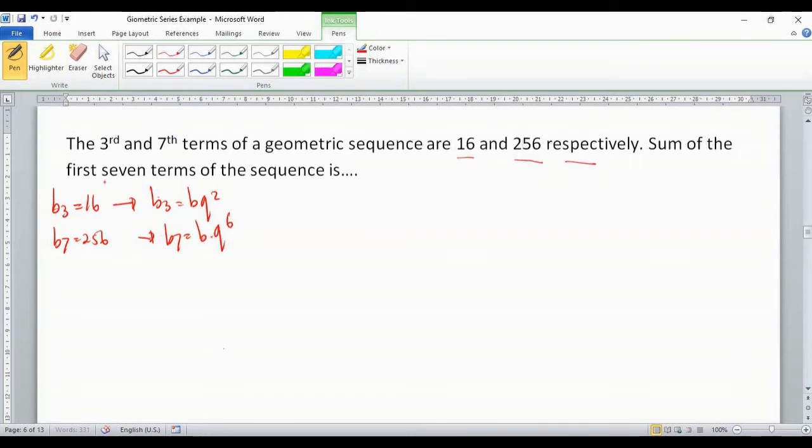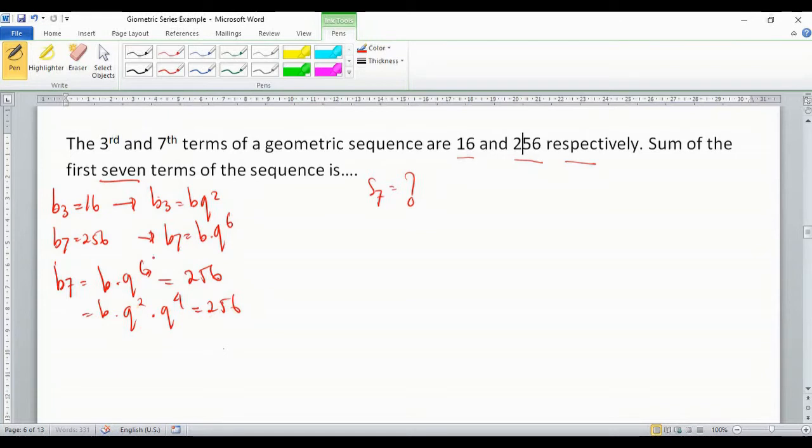Okay, find the sum of the first 7 terms. They want us to find S7. So from B7, B1 k to the power 6 equals 256. Let me separate k to the power 6 to be k squared times k to the power 4, equal to 256, everyone.